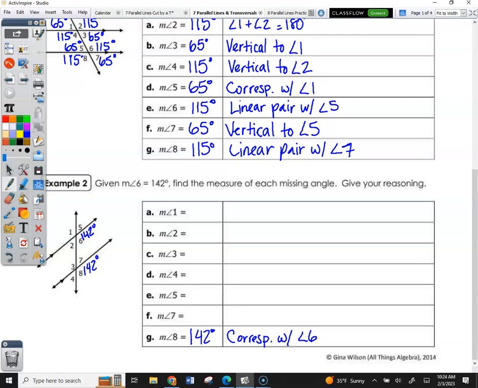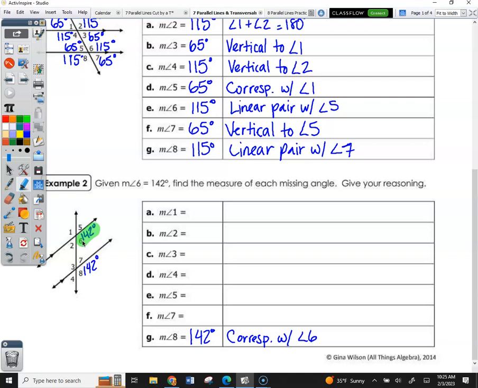Practicing the new vocab words. Back to this one. Angle 6 is on the inside of the parallel lines, right? Yes. Railroad tracks. On the right side of the transversal, what angle is on the inside of the parallel lines to the left of the transversal?